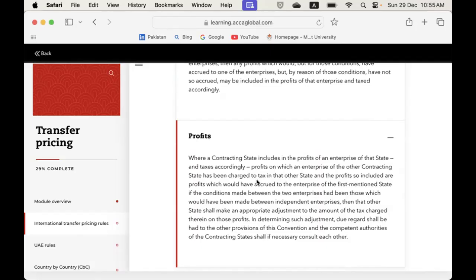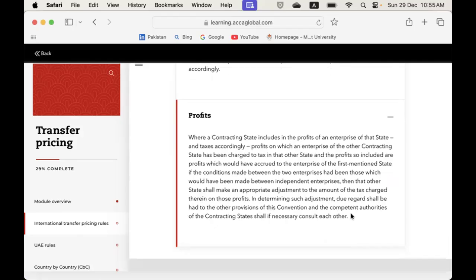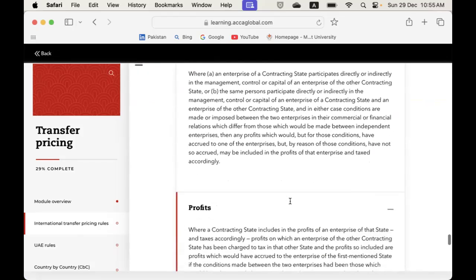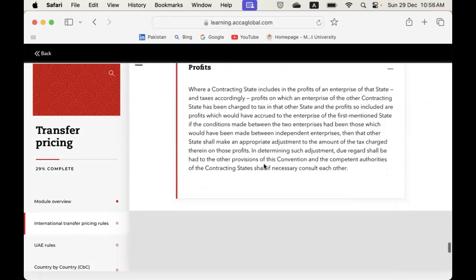Where a contracting state includes in the profits of an enterprise of that state and taxes accordingly profits on which an enterprise of the other contracting state has been charged to tax in that other state, and the profits so included are profits which would have accrued to the enterprise of the first mentioned state, meaning unfair allocation of profit, then the other state shall make an appropriate adjustment to the amount of the tax charged. So there was double taxation, basically, due to an unfair allocation of profit. The suffering state can propose a transfer pricing adjustment. This is Article 9, which not only defines associated enterprises but also addresses what will happen if there is an unfair allocation of profit.